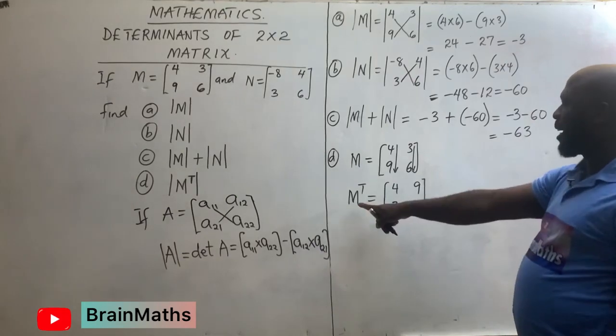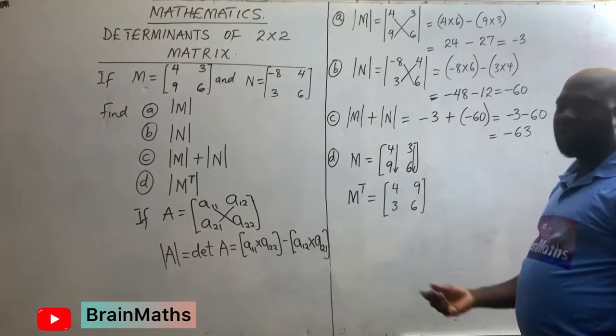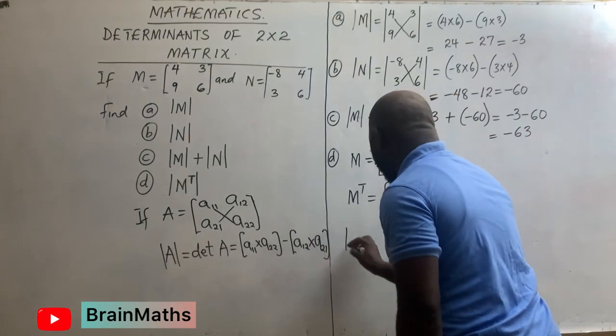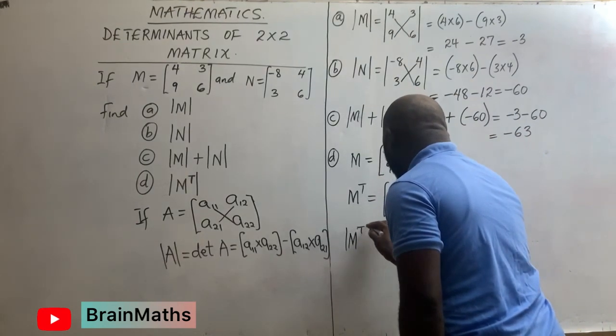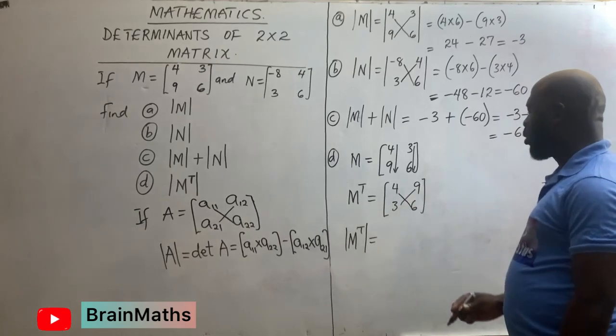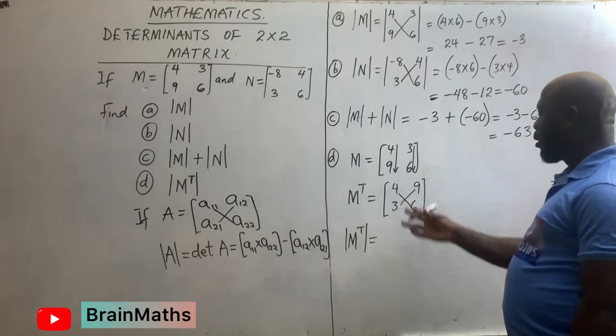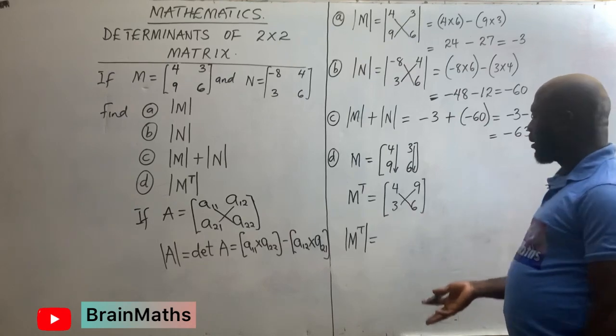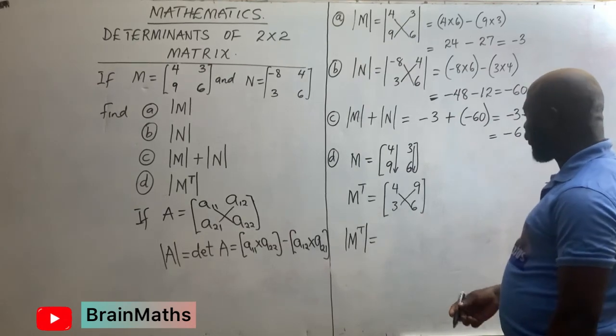The next thing is to find the determinant of this M transpose. Following the rule of determinants of 2 by 2, we look for our diagonals and then subtract the answer of their products.